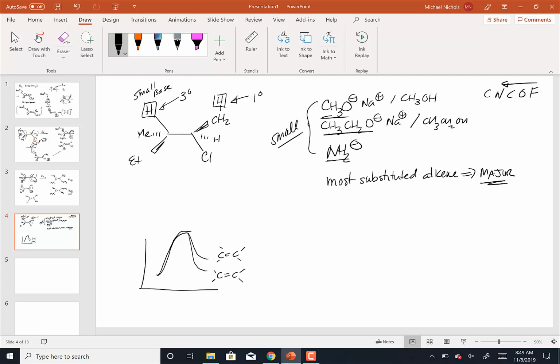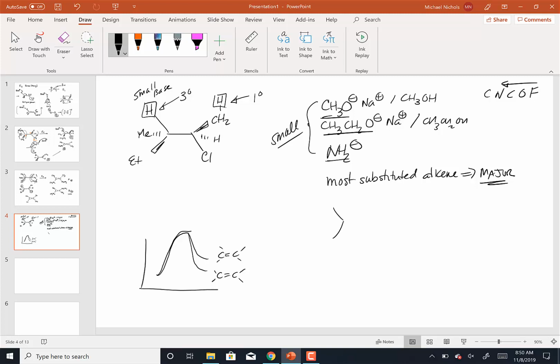Because when I remove the tertiary hydrogen, I get the most stable double bond. I want to select the primary. What do I do? Well, I say, you know what? I need a sterically hindered base, because I want that base to be so sterically hindered that it can't get to the tertiary. It can only get to the primary. And that's easy enough to do.